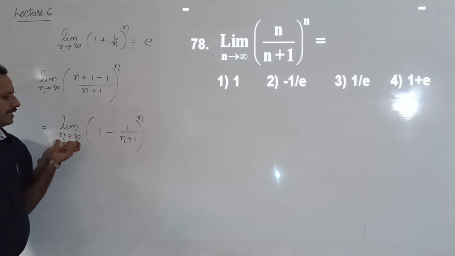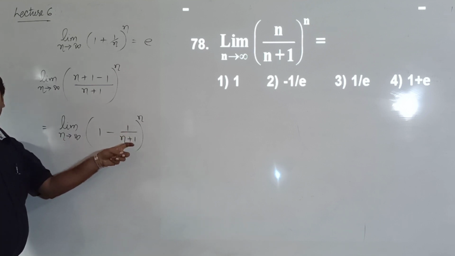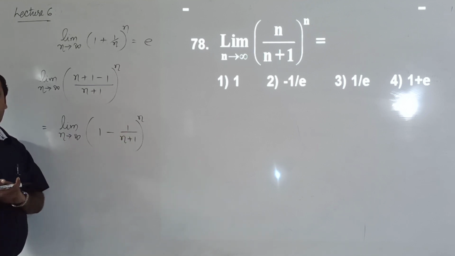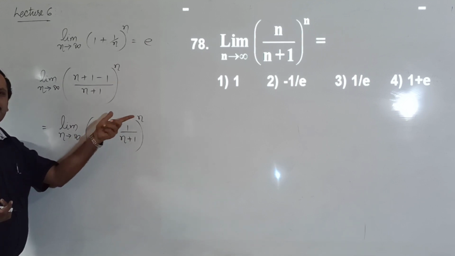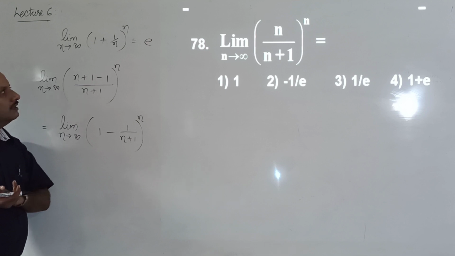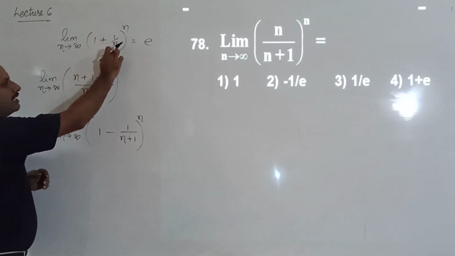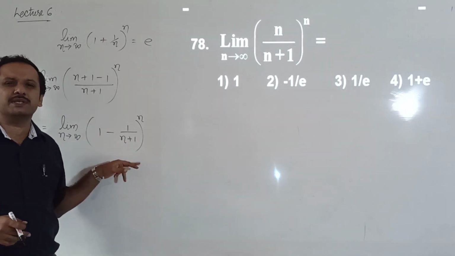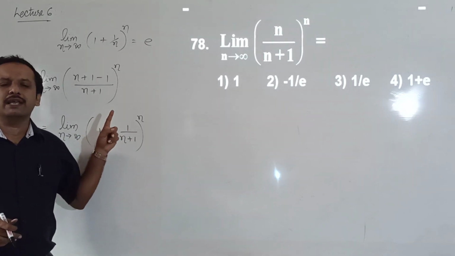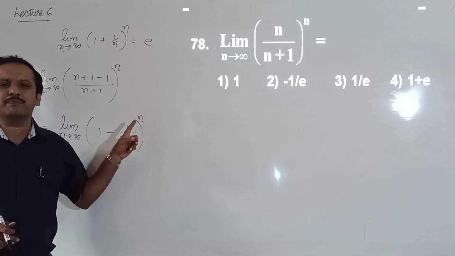Now n tends to infinity, 1 minus 1 by n plus 1 we have. Earlier I have told you that whatever we have here, its reciprocal should be there in the power. That is, here we have plus 1 by n, so the reciprocal is n. Here we have minus 1 by n plus 1, its reciprocal is minus of n plus 1.